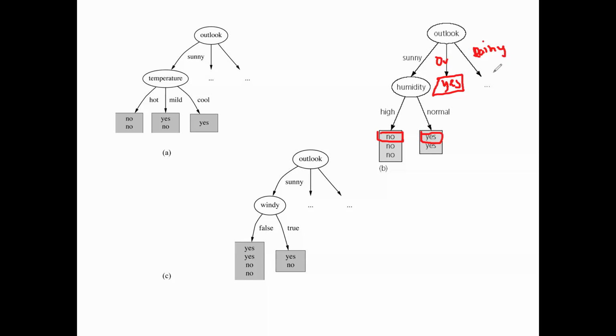Now we have 2 remaining attributes. We have to decide whether we should put temperature or windy. What do you think? So we have 2 remaining attributes. We can put temperature or windy. And my question is, which one should we put?